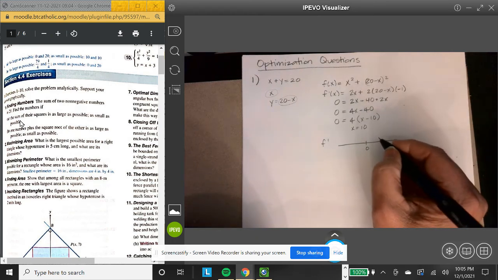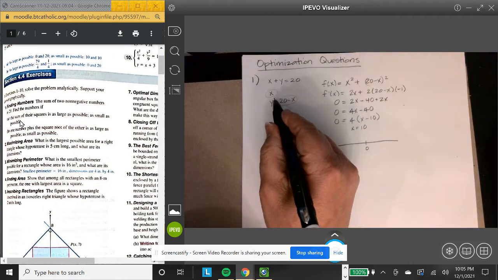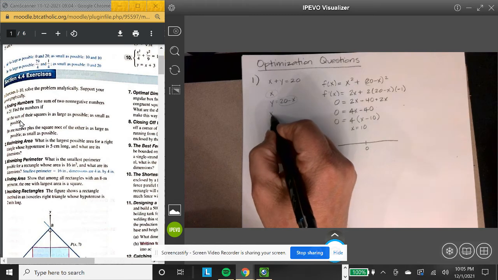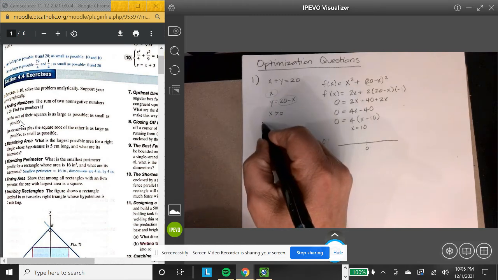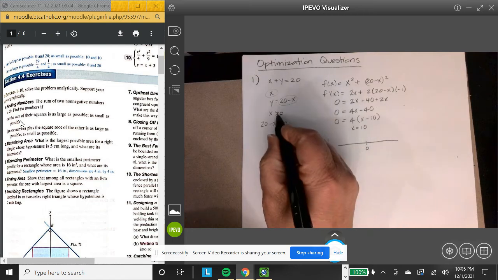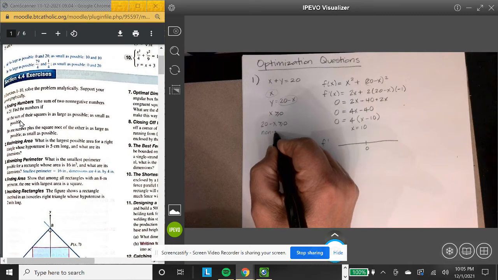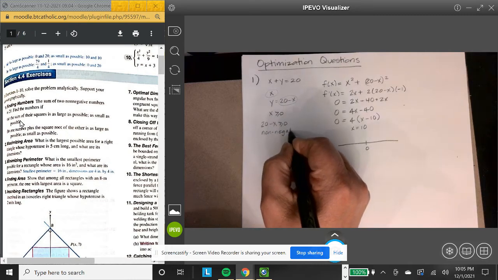Now, let's talk about the constraints. My numbers have to be non-negative, right? That means x has to be greater than 0, and 20 minus x has to be greater than 0. x could be greater than or equal to, because non-negative means that it could be 0.